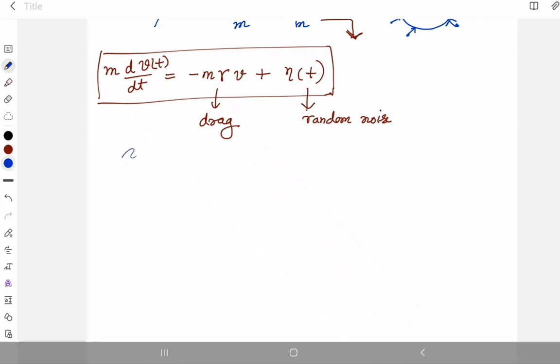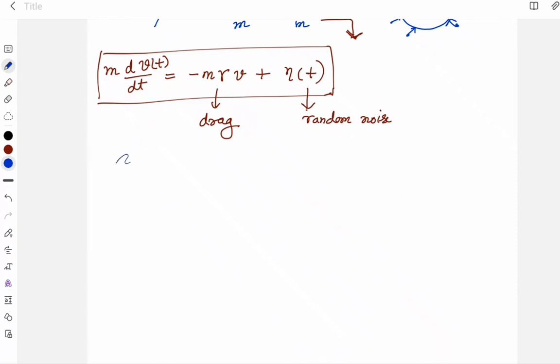The integrating factor for this differential equation is e to the power gamma t. Let us pull this m down to this side, 1 over m.